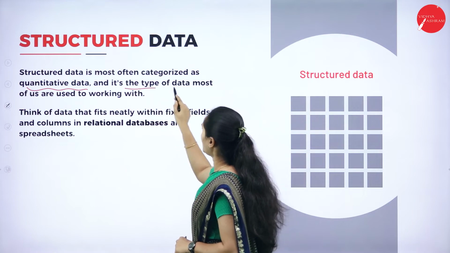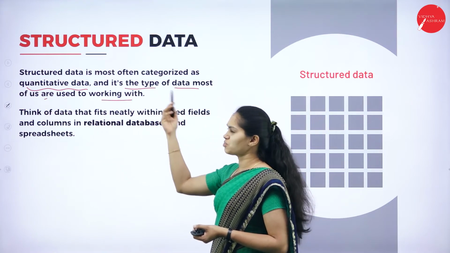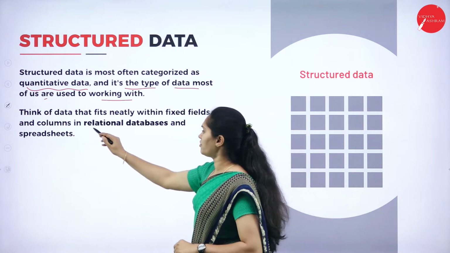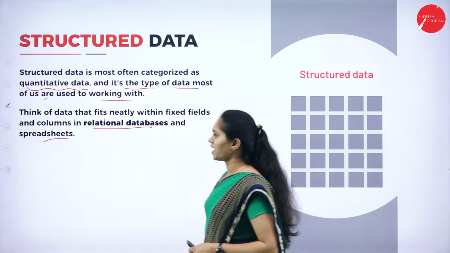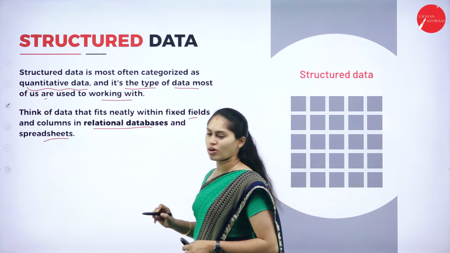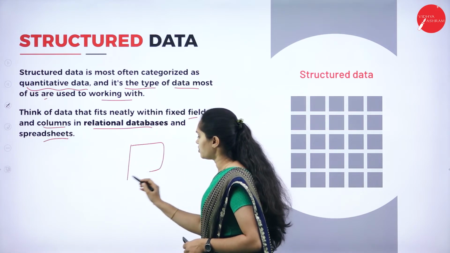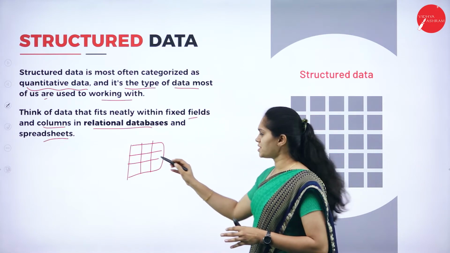It's the type of data most of us use when working, the most commonly used type of data. If you take the example of a relational database, that is RDBMS, and spreadsheets, there we are going to have fixed fields, rows and columns.